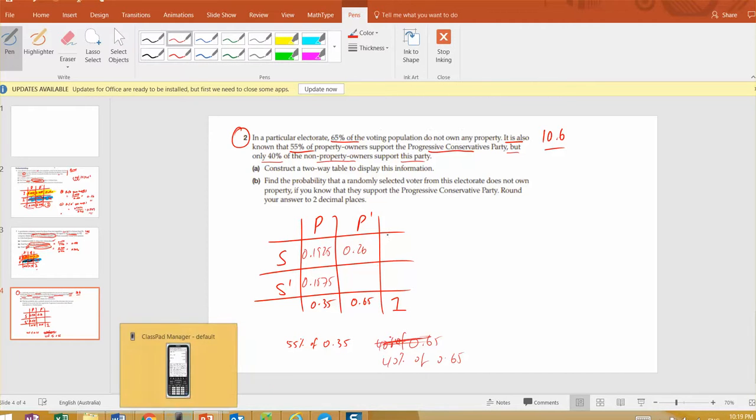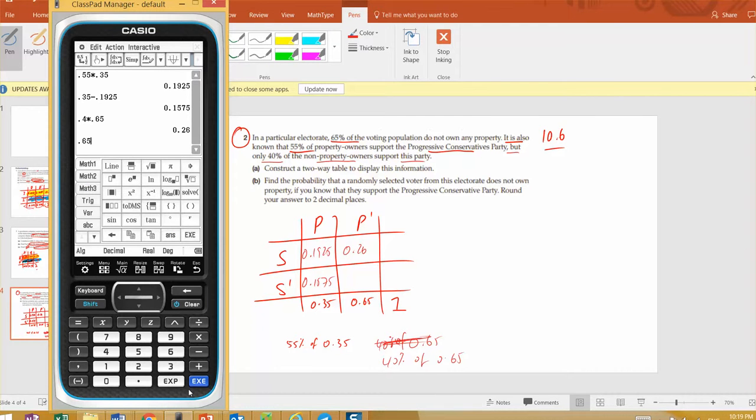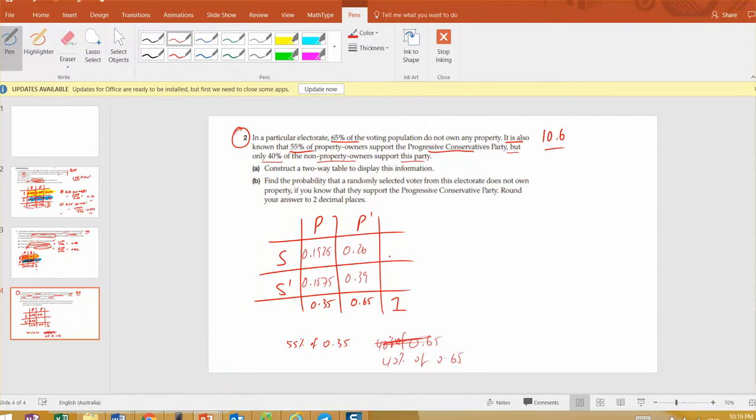Okay, so to work out the missing square, you just go 0.65 minus 0.26, so you get 0.39. And to work out these two, you just simply add the rows together.